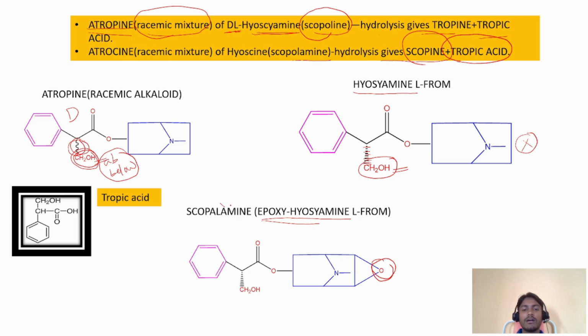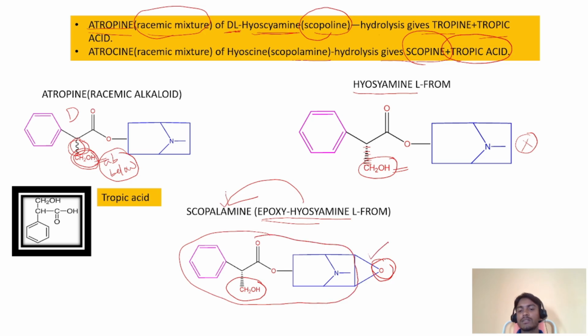Everything else is the same, the structure up to here is the same, only the epoxy bond differs. So this is the chemistry of atropine, hyoscyamine, and scopolamine.